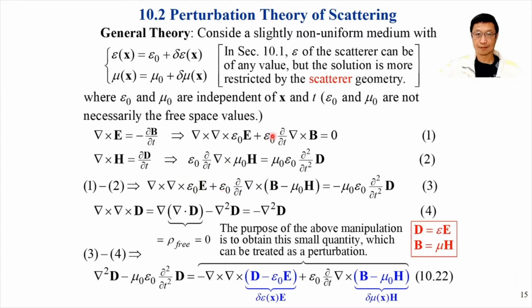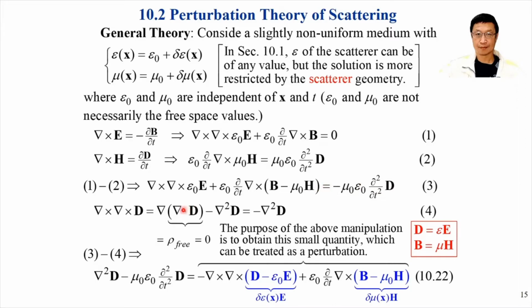And this term, epsilon 0 partial t curl of B minus mu 0 H, equals this one, minus 2, mu 0 epsilon 0 partial t squared D.